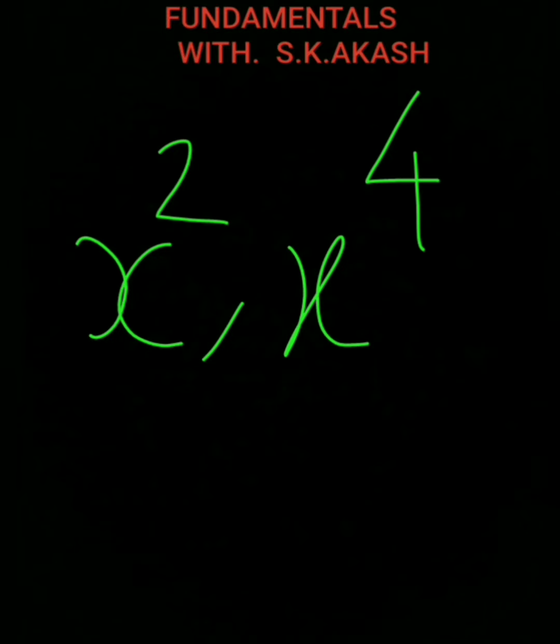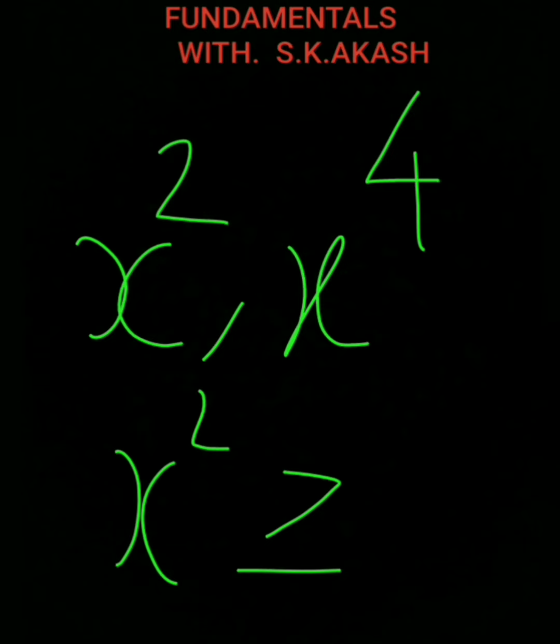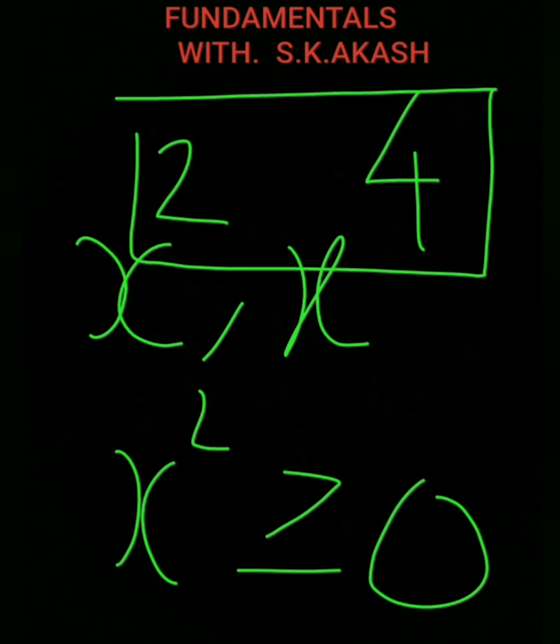On solving, you will get that x square is greater than or equal to 0, because all of these are even integer powers. So whether x square is in the numerator or denominator, it is always greater than or equal to 0.